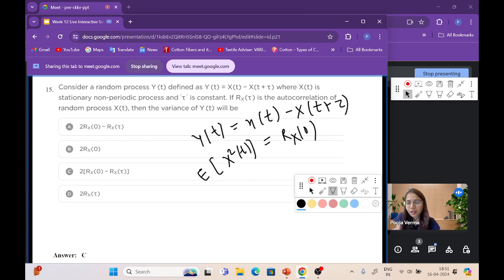Then what will be the mean value of the random process y of t? It must be 0.